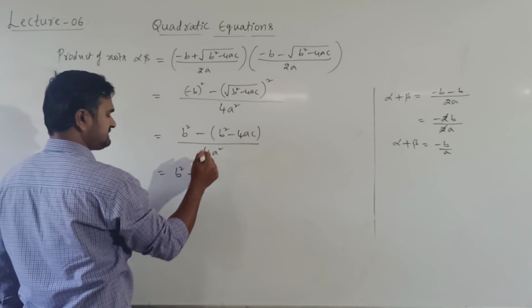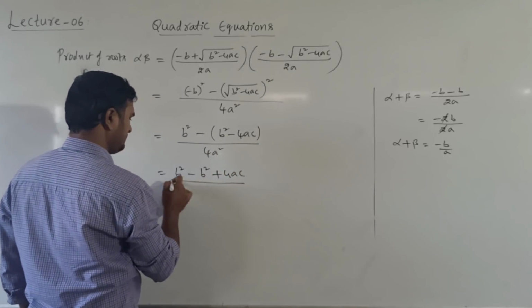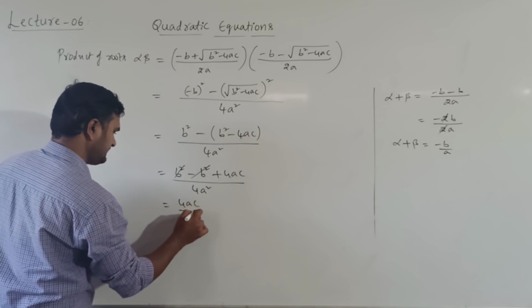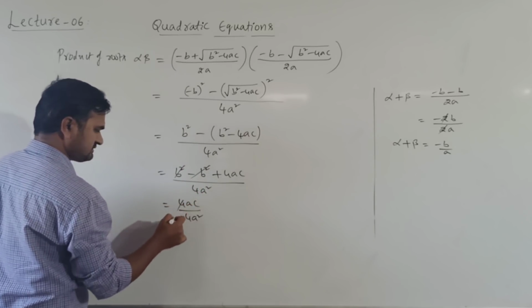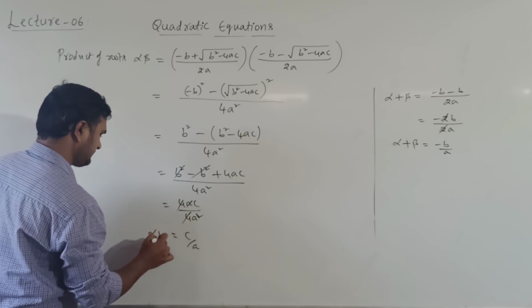So b square, apply minus: b square minus b square plus 4ac, divided by 4a square. B square cancels, 4ac divided by 4a square. So 4 cancelled, one a cancelled, remaining is c by a.